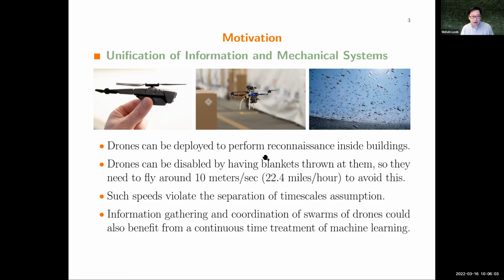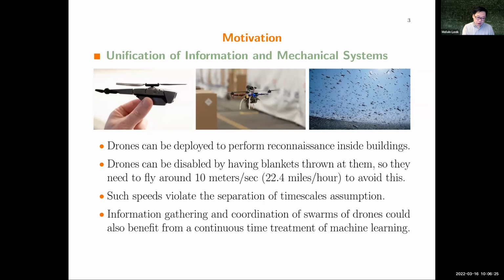The problem with doing that, especially in a contested environment, is that you can disable drones quite easily by throwing blankets at them. So they actually need to fly pretty fast in order to avoid that kind of adversarial attack. Typically we're talking about something like 10 meters per second, or about 22.4 miles per hour, in order to avoid this.